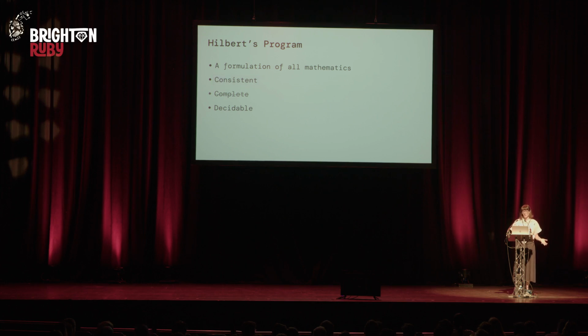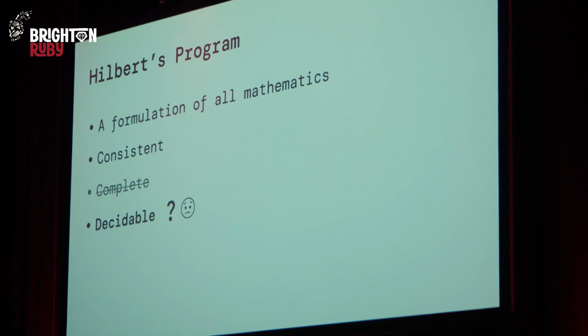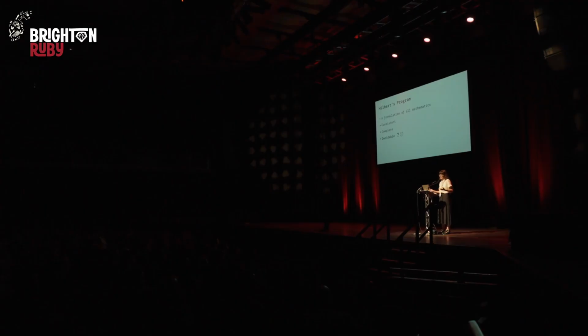That means that we must sacrifice completeness because of Gödel's theorem. Okay, and then what about decidability? Well, Gödel's theorem also casts a long shadow on decidability, because if there are true statements that cannot be proved within the system, how could we find a general algorithm to decide the truth of all statements? Right? It seems impossible, but he didn't prove that.